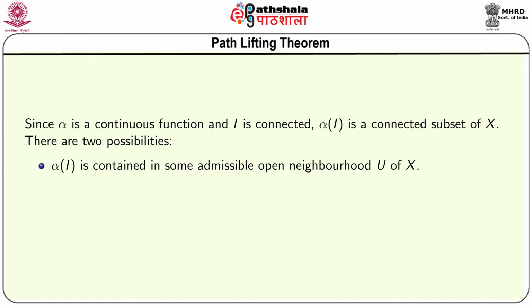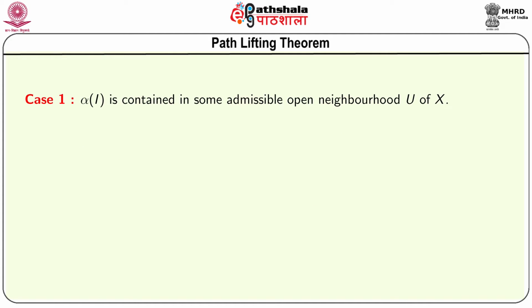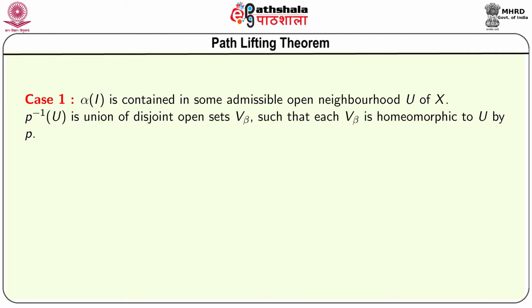The first one is that alpha(I) is contained in some admissible open neighborhood U of X, or alpha(I) is not contained in a single admissible neighborhood of capital X. So, let us discuss the first case, when alpha(I) is contained in some admissible open neighborhood U of X. P inverse of U is a union of disjoint open sets V beta such that each V beta is homeomorphic to U by P.